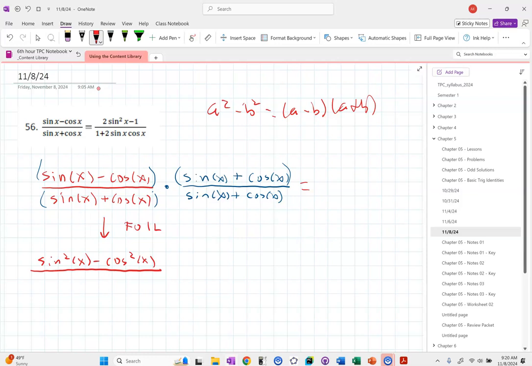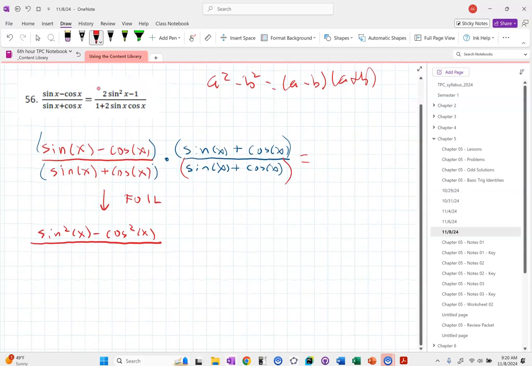The denominator, though, is just going to be a regular old FOIL. So sine times sine is sine squared. Sine times cosine is sine times cosine. Cosine times sine is just cosine times sine. I'm going to write it, though, with the sines first. And then cosine times cosine is cosine squared.